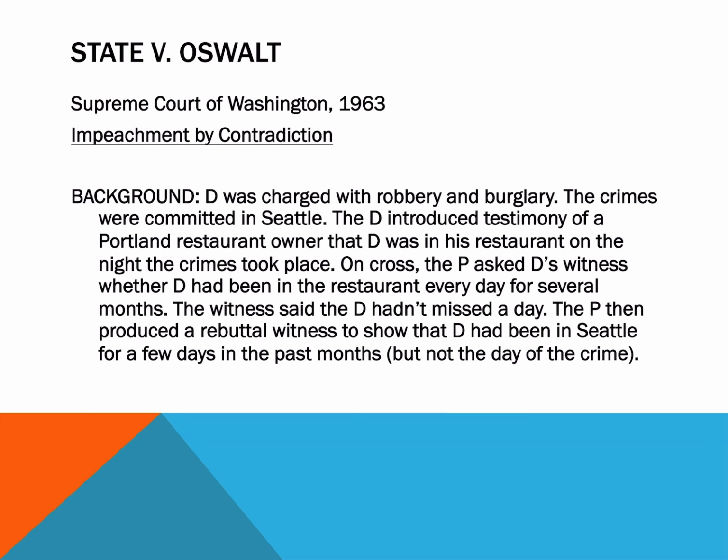On cross-examination, the prosecution asked the defendant's witness whether the defendant had been in the restaurant every day for the past several months. The witness said that the defendant had and hadn't missed a single day. The prosecution then produced a rebuttal witness to show that the defendant had been in Seattle for a few days in the past month, but not on the day of the crime, meaning that the defendant's witness had not been accurate in saying that he had been in the restaurant every day for the past several months.